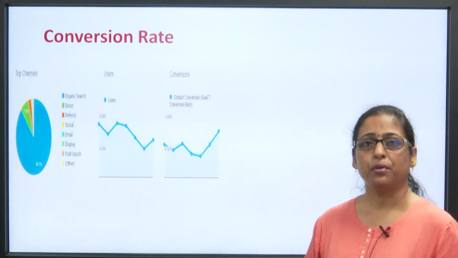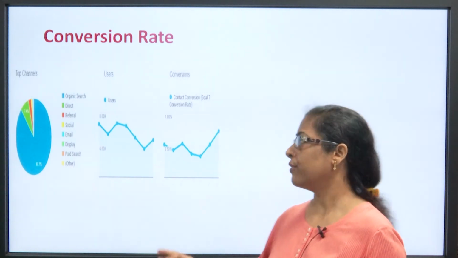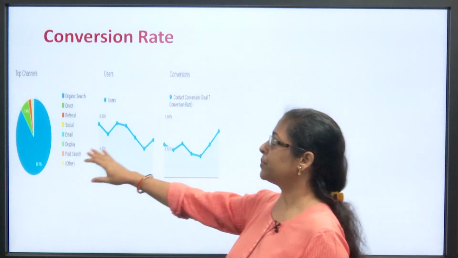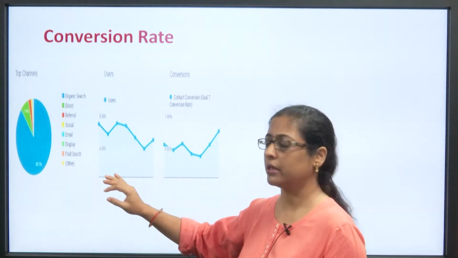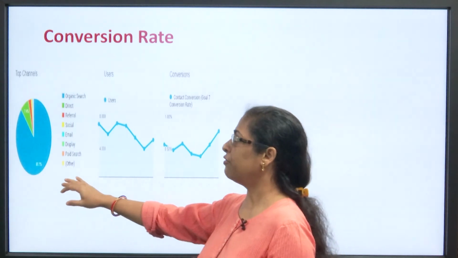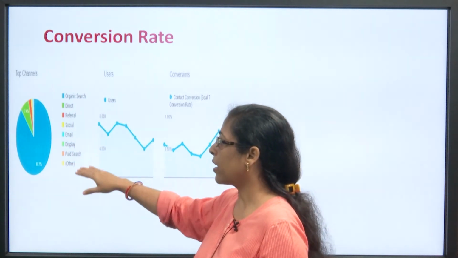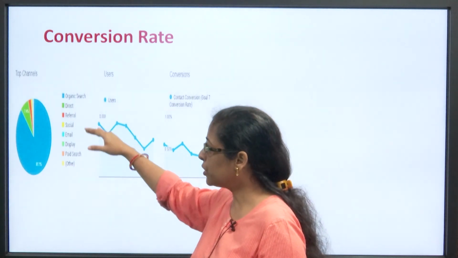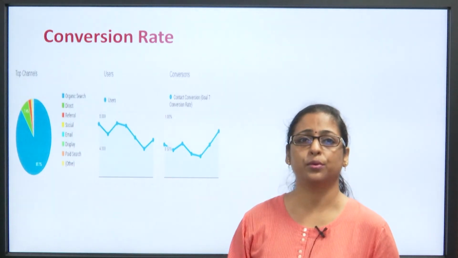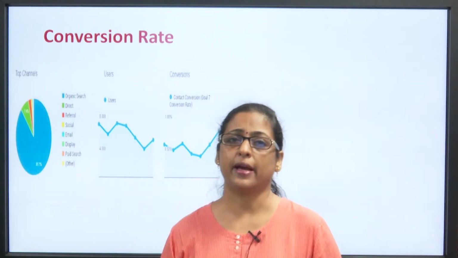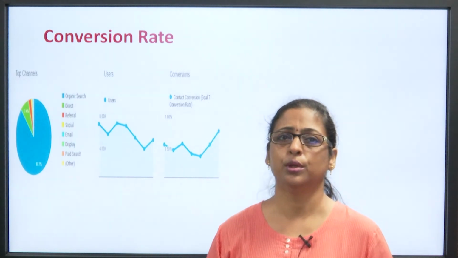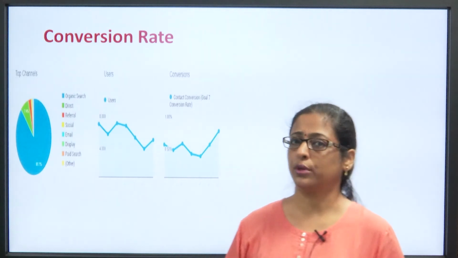So, over here you can see an example of a company in which there has been organic search through various modes: social media, display ads, paid searches, emails, and referrals.